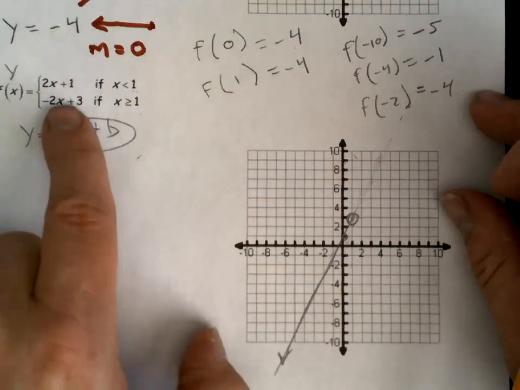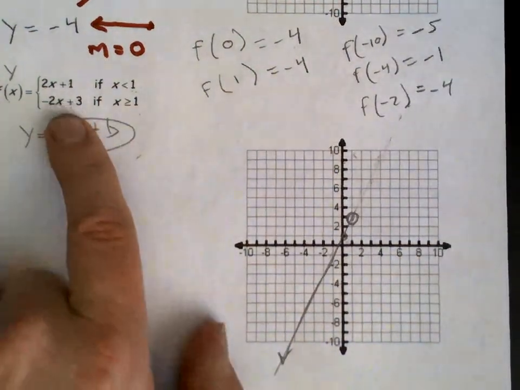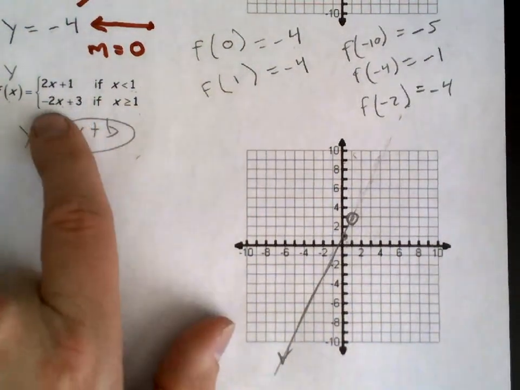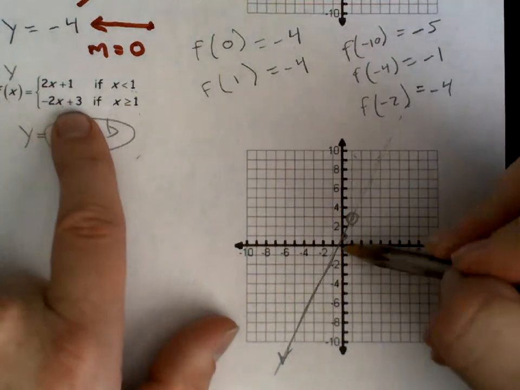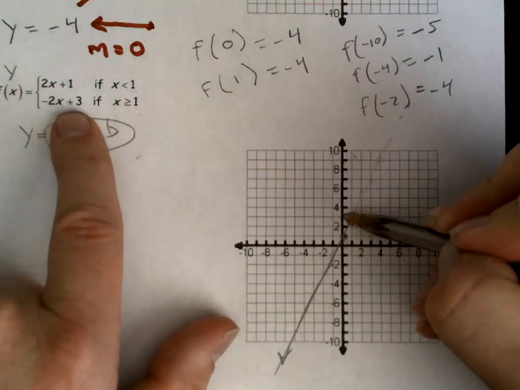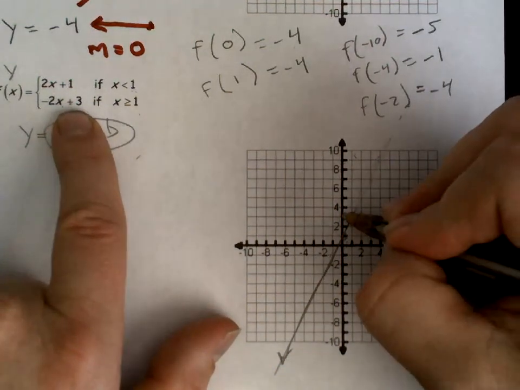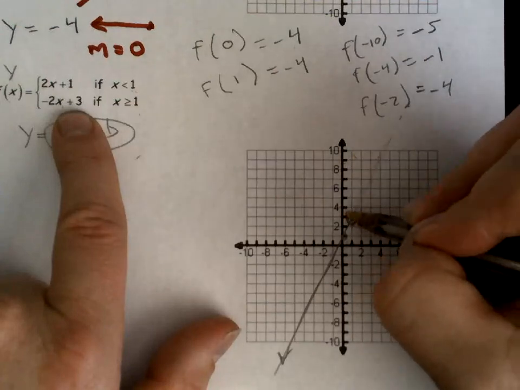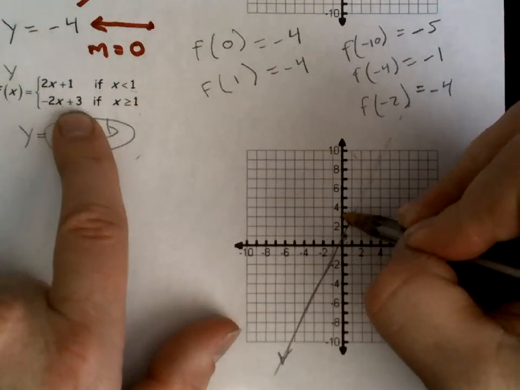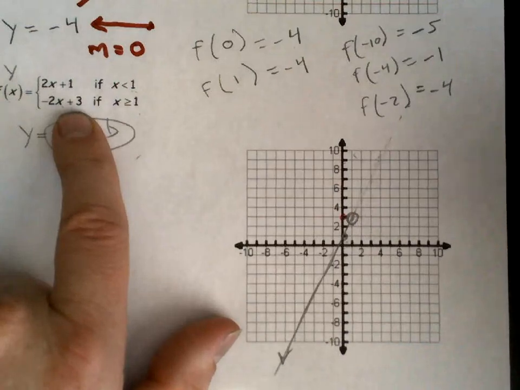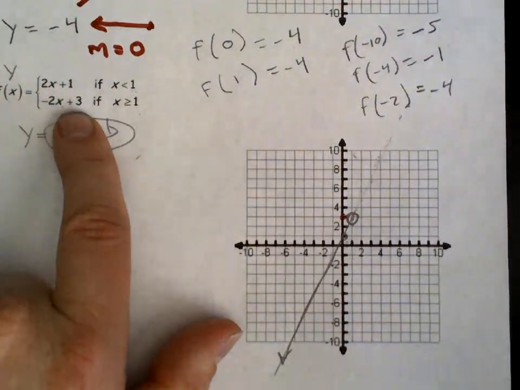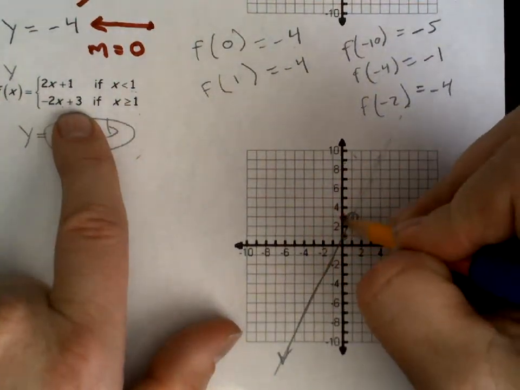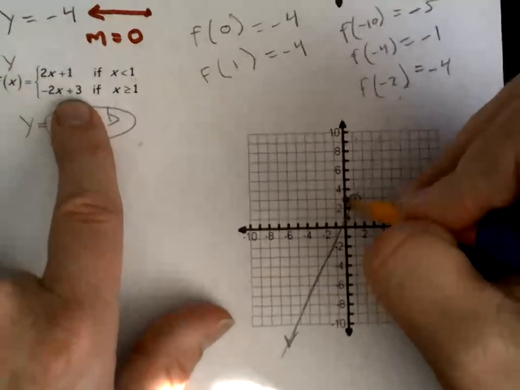Okay, next one. This point right here. Well, think of it this way. This is up 3. 1, 2, 3 again. Put a dot. I should do this in pencil because I'm going to erase some of it. So up 3, put a dot. Look at the slope.